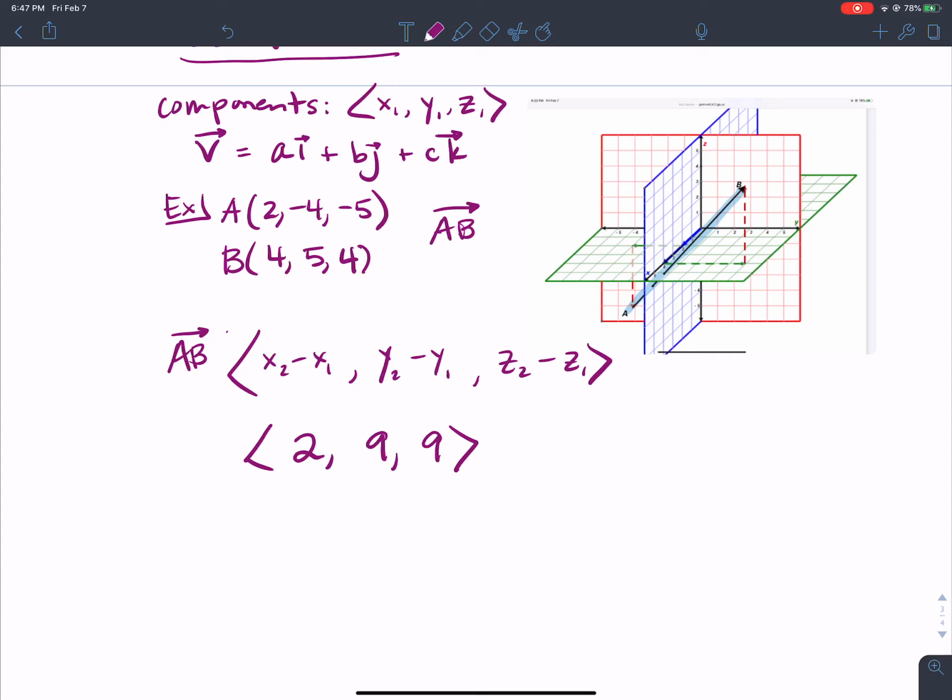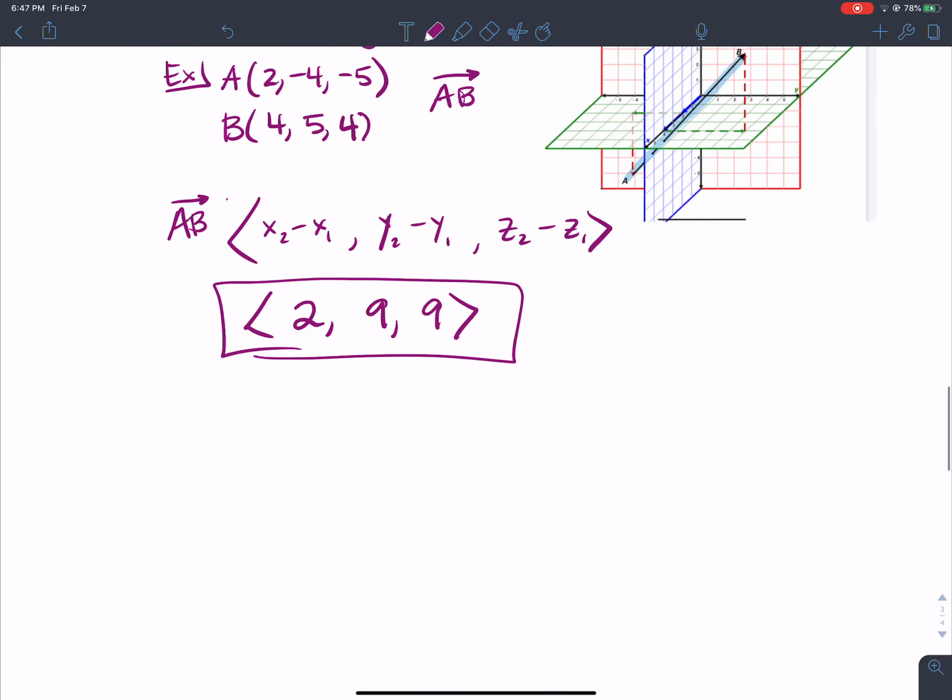And so, according to that, to go from point A to point B, you would go out 2, over 9, up 9, to get from point A to point B. All right, everything else works the same exact way. Again, you're just adding on a dimension.